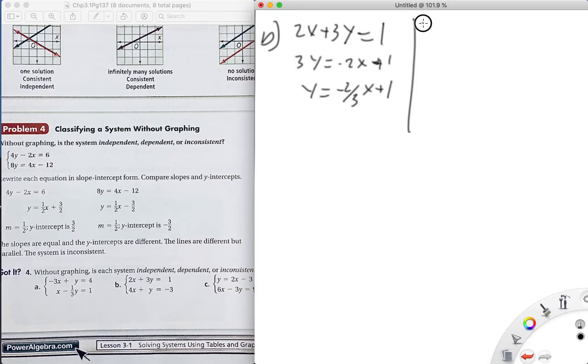Second one we have is 4x plus y equals negative 3. y equals negative 4x minus 3. Different slopes, different y-intercepts.